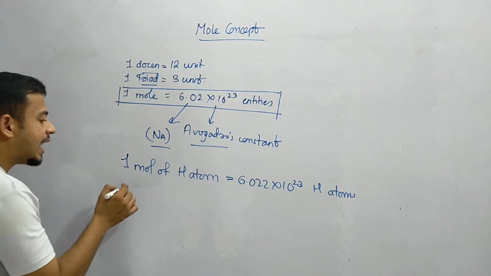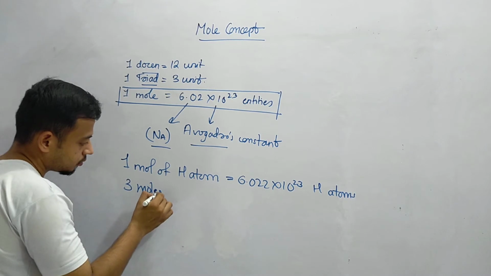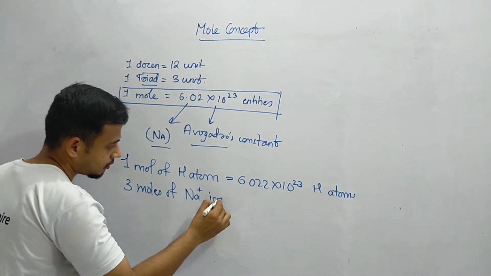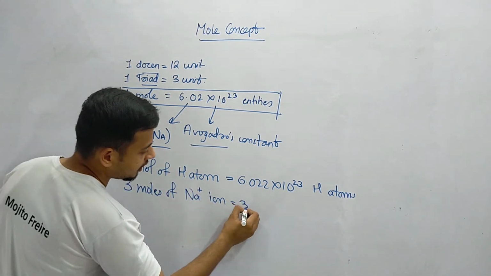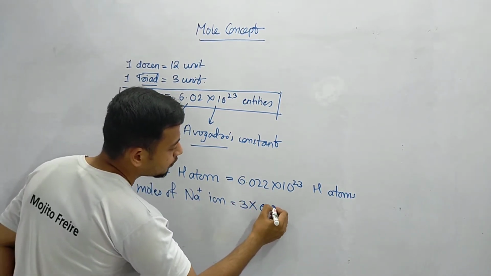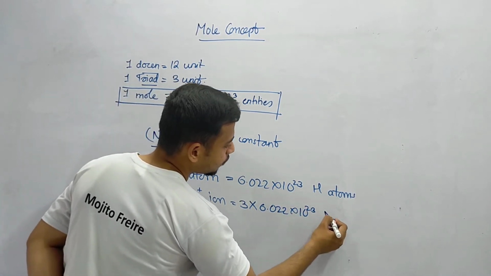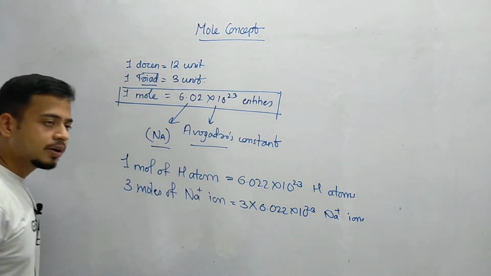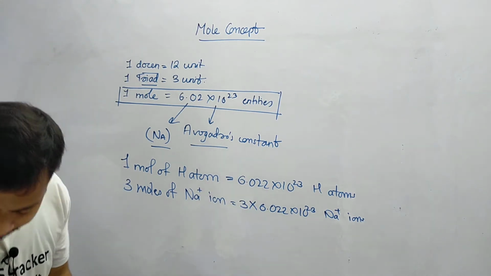If I say I have 3 moles of Na plus ion, then it would be equal to 3 into 6.022 into 10 raised to power 23 sodium plus ions.